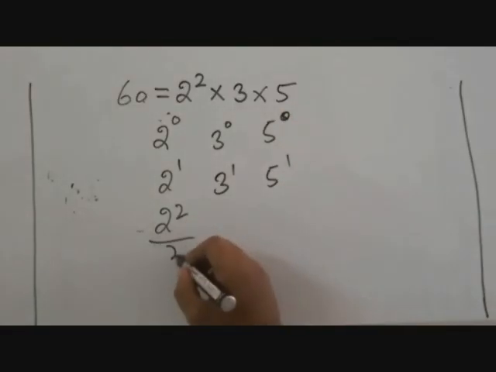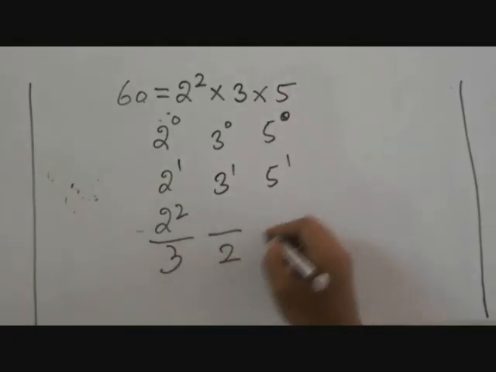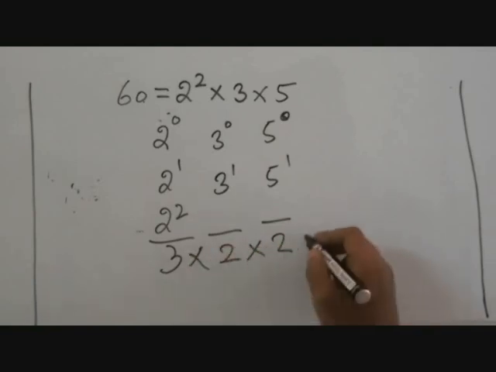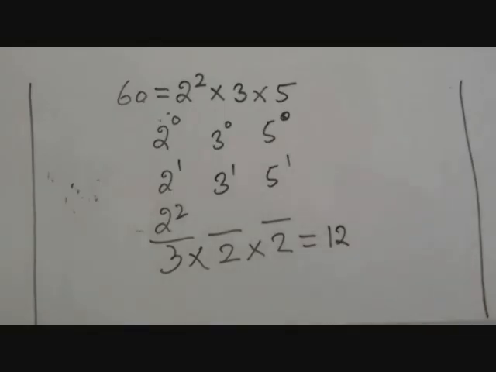These are 3 powers, 2 powers and 2 powers. So the total number of divisors will be 3 into 2 into 2, that is 12 divisors in all. And we just calculated that 60 has 12 divisors in all.